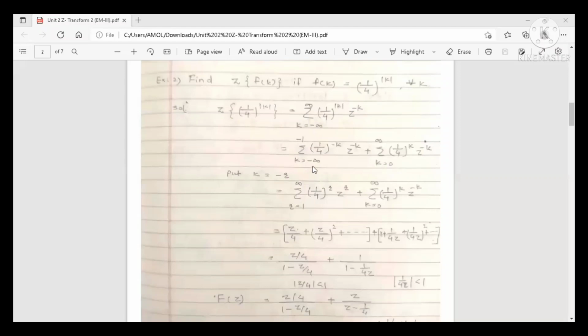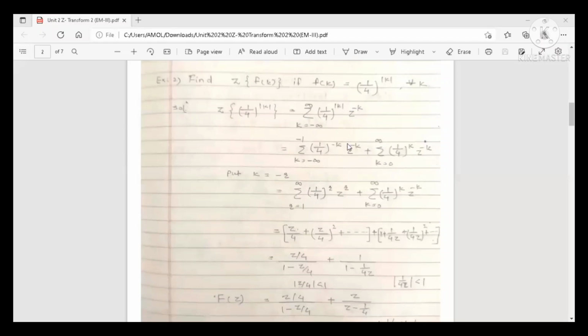So when the limits are minus infinity to minus 1, write in summation 1 by 4 to the power minus k, because limits are minus infinity to minus 1. So when limits are minus infinity to minus 1, you take the power of the sequence negative, minus k.